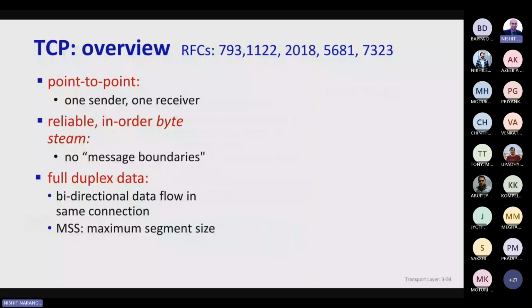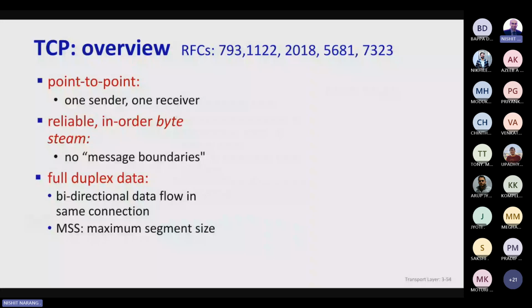Right, so let's look at what TCP provides to us. Because it's a connection oriented protocol, it's considered to be a point-to-point protocol. One sender, one receiver. It's a reliable in order byte stream protocol.